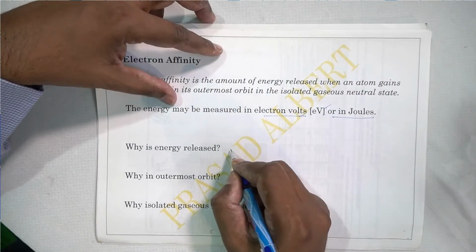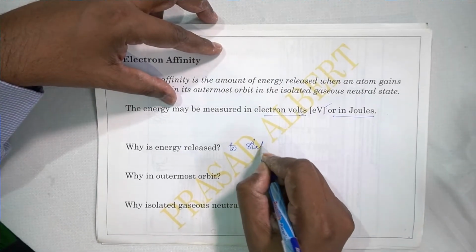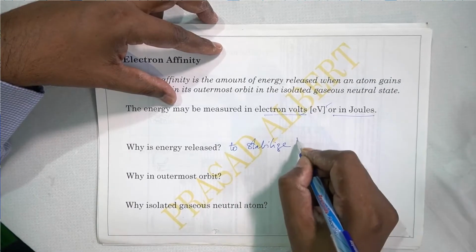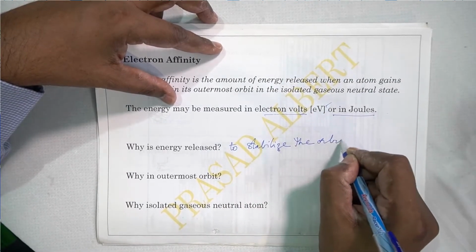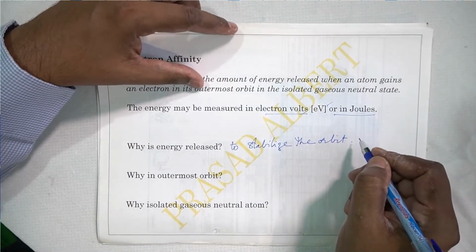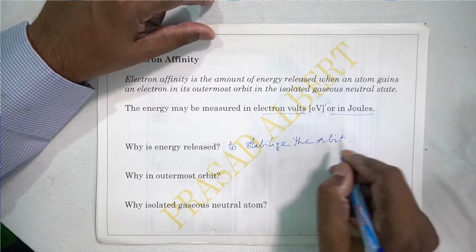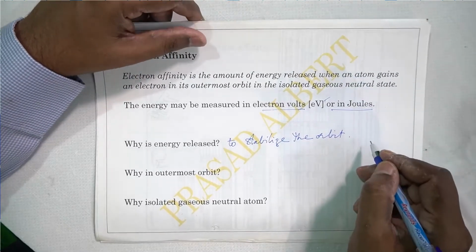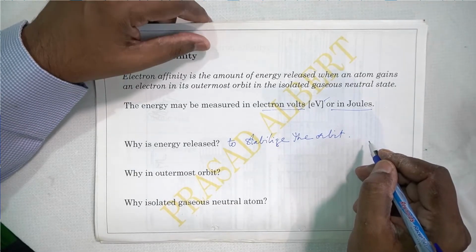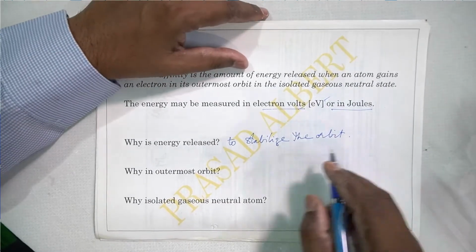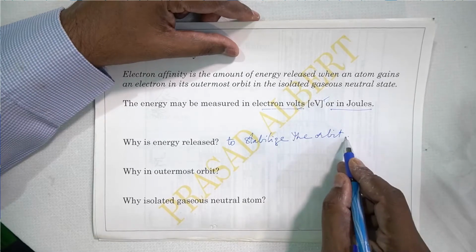If the energy of any orbit increases, it becomes unstable. As in Niels Bohr's concept, each orbit has a fixed amount of energy, so if extra energy comes, it will be released.